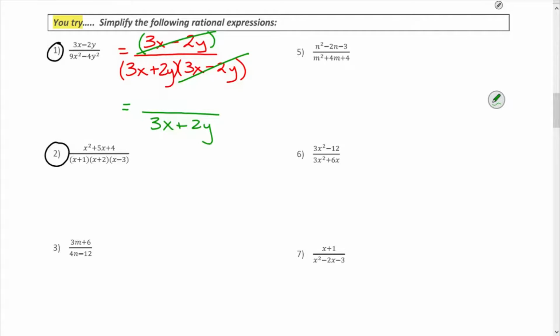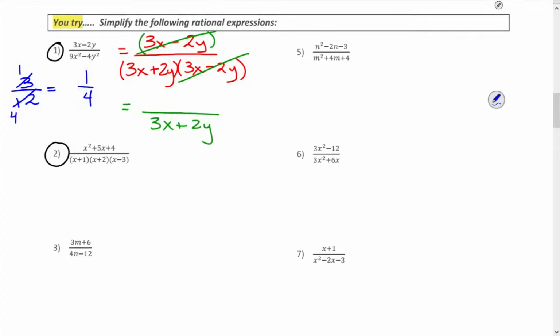Well, let me go back to fractions and review this. Let's do 3/12. I know that 3 goes into 3 one time, and goes into 12 4 times. I get 1/4.